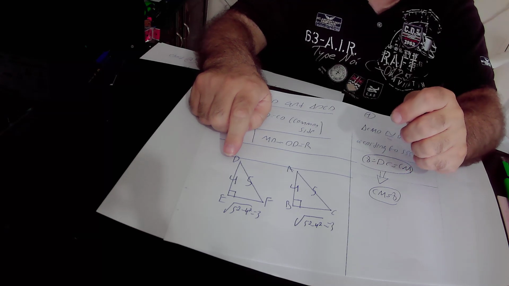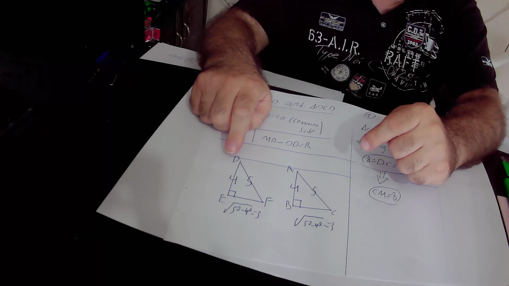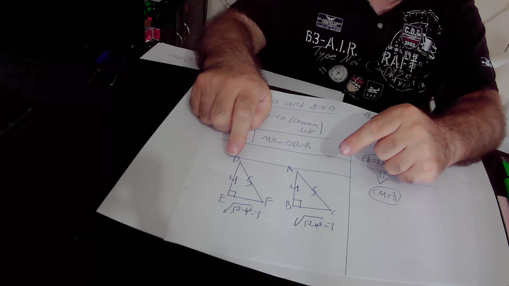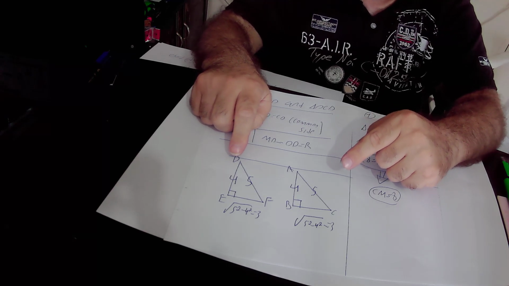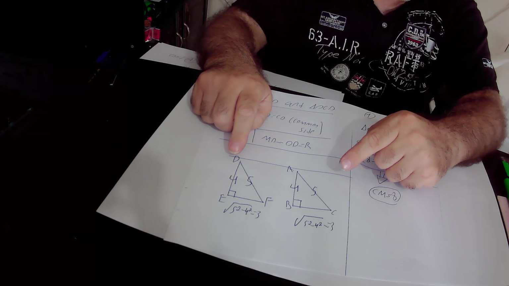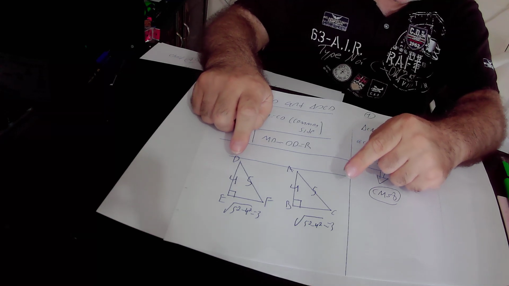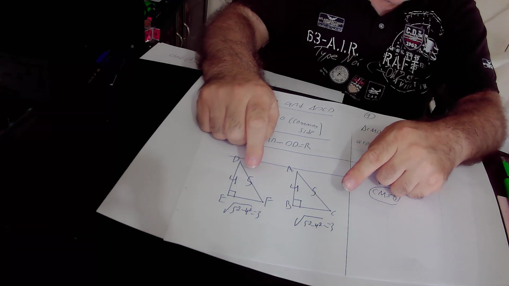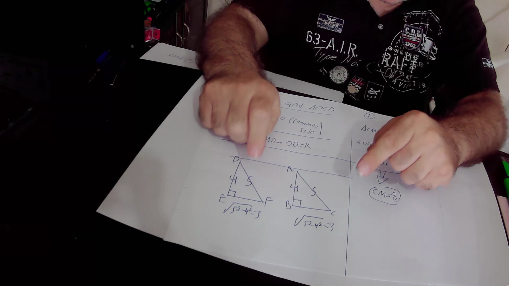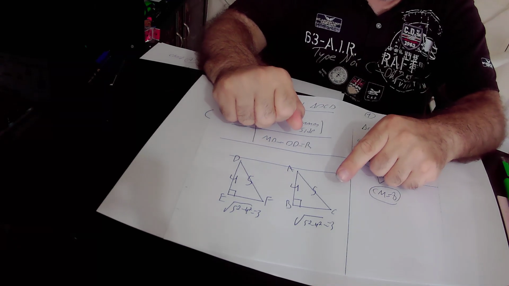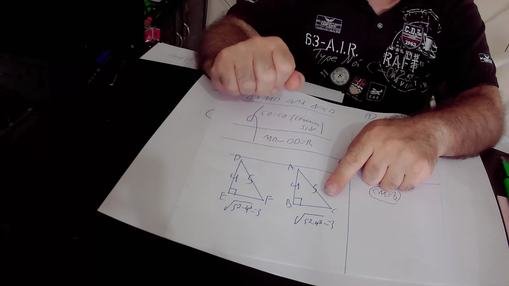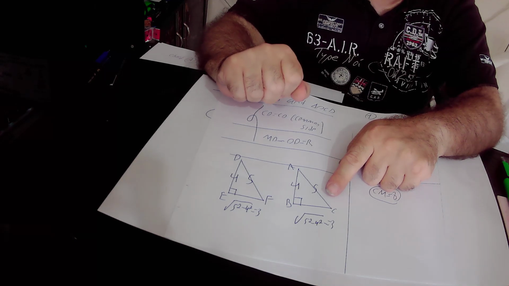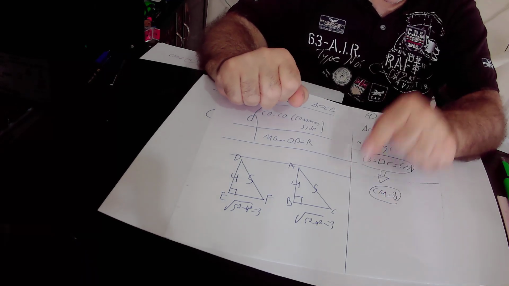So if we have two right triangles with equal hypotenuse and perpendicular, then the third side must also be equal. Why? Because the third side, according to the Pythagorean theorem, will be equal to the square root of 5 squared minus 4 squared, that is 3.